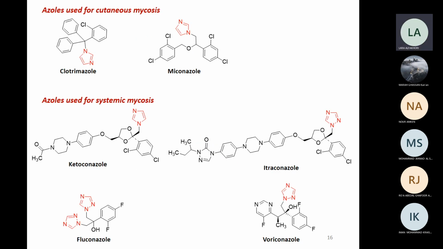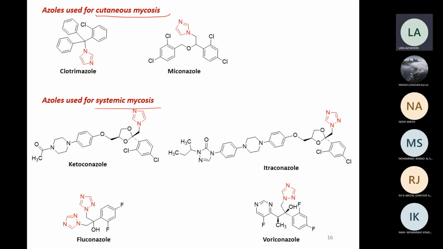Here is a list of all of the azoles that are FDA approved. Okay, here they are classified into those which are used topically for treating cutaneous mycosis, and those which can be administered for treating systemic infections.